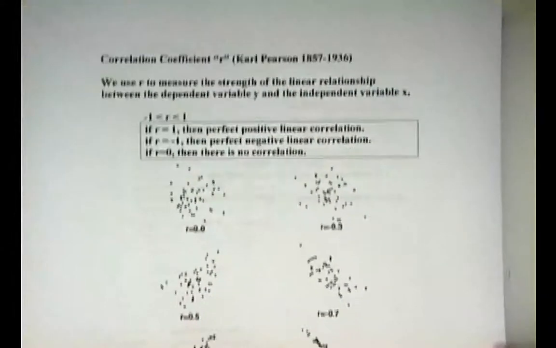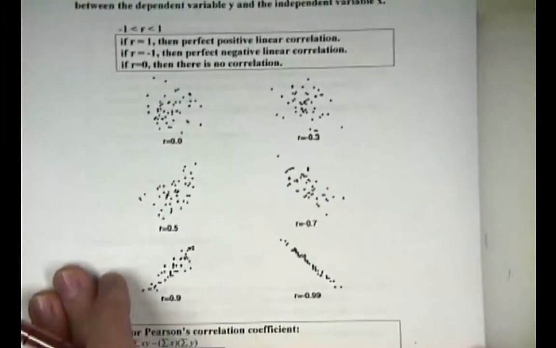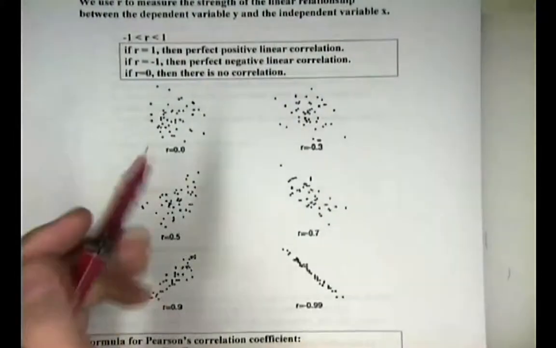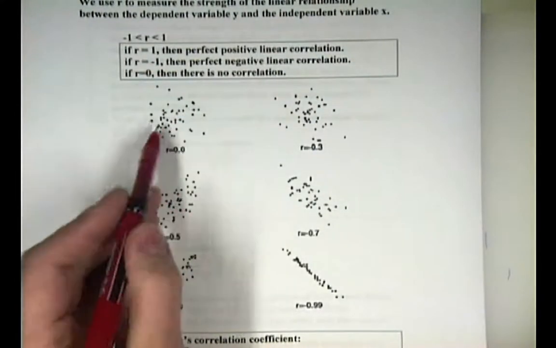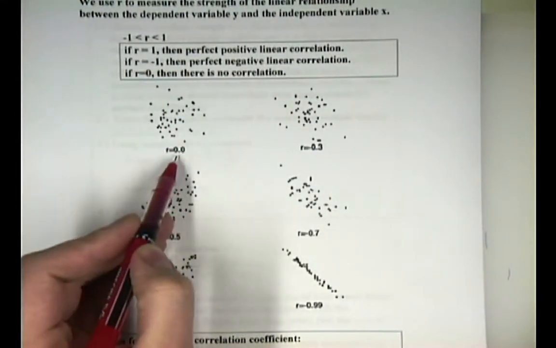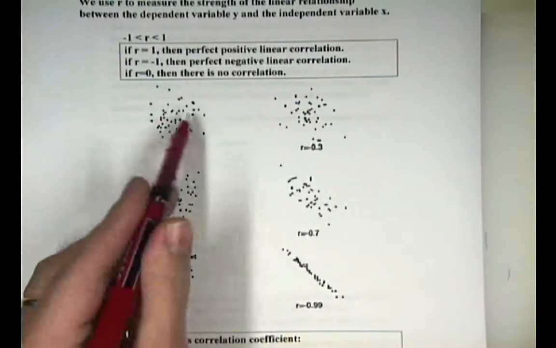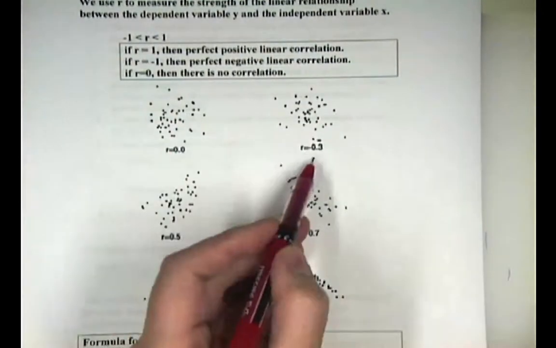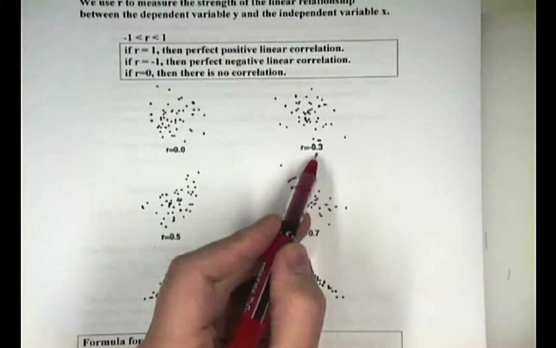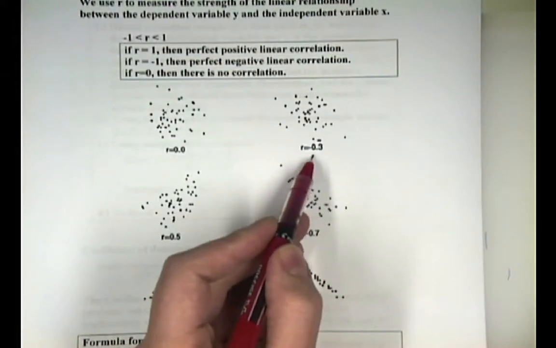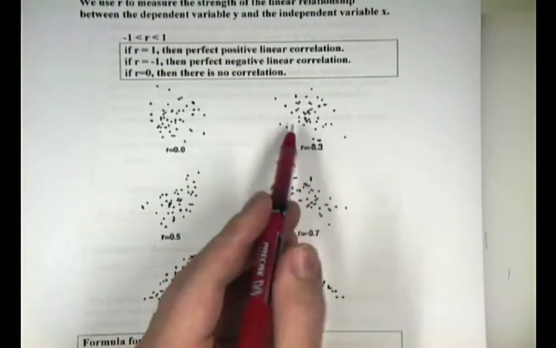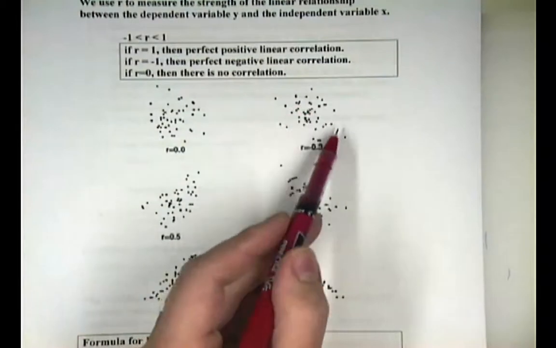So here are some more scatter plots with their associated correlation coefficients. Here you can see a buckshot pattern, and the correlation coefficient is 0, so there is no correlation. Here the correlation coefficient is -0.3. It's extremely weak, and again, it's very buckshot.